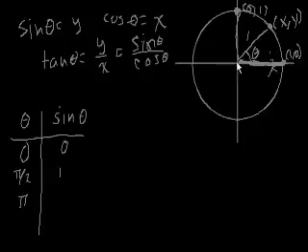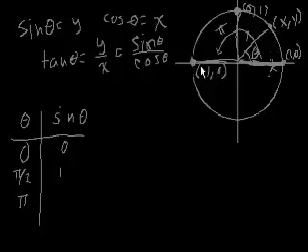At pi radians, we intersect the unit circle right here. This is the angle pi. Pi radians, we intersect the unit circle at -1, 0, because once again, this is the unit circle. So at -1, 0, what's the y coordinate? Well, it's 0. So sine of pi is equal to 0.